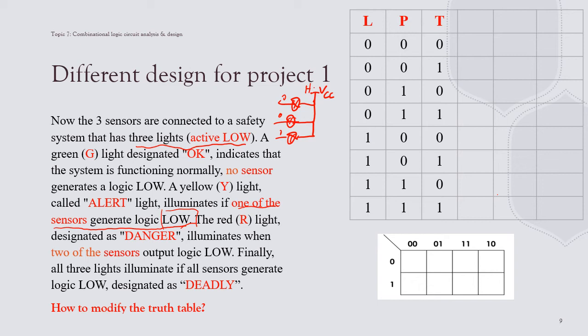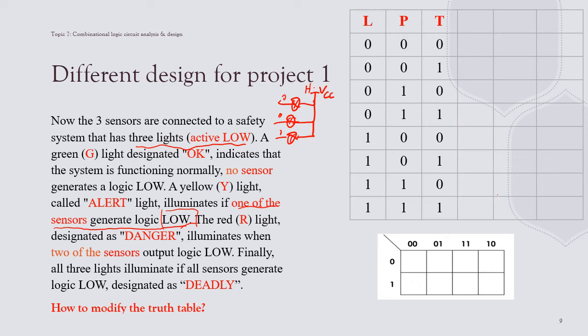Okay, and we have a red light designated as danger, which illuminates when 2 of the sensors output logic low. So 2 sensors detect abnormal status inside the tank. Finally, if all sensors generate logic low, which means everything is wrong in the tank, then all lights are on, designated as deadening.